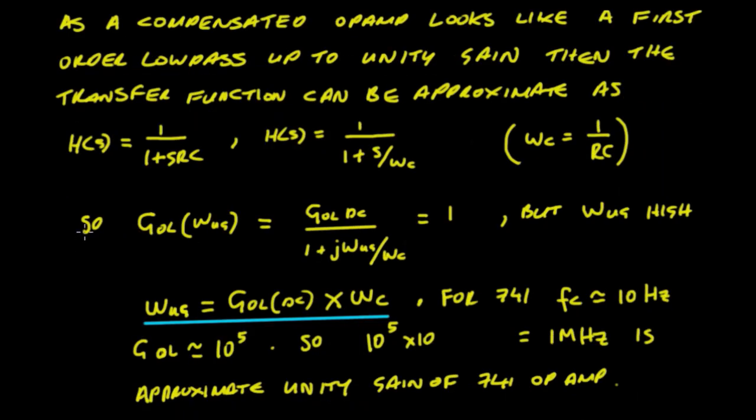Okay, so that means that if we were to choose the frequency that gives us a unity gain, so the frequency at which the gain is equal to 1, then we could say that the open loop gain at that frequency is going to equal the omega, which we've now chosen for s, which is the unity gain value for omega.